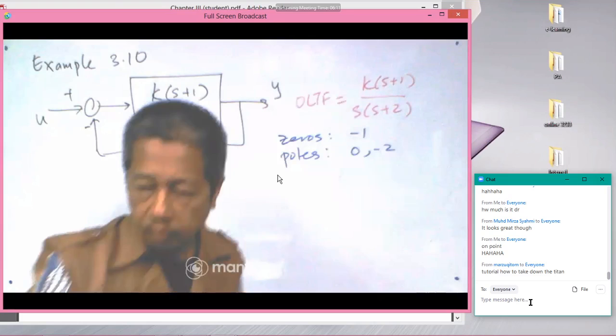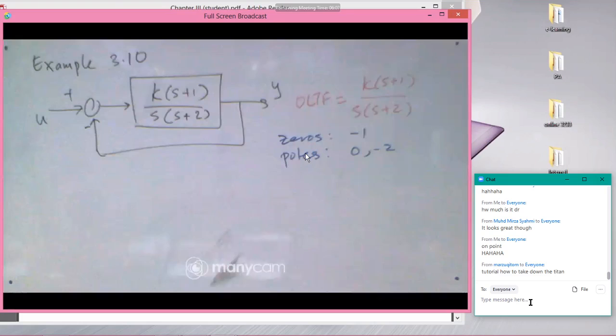From the open loop transfer function, we can see that we have one zero at -1, and then we have two poles, one at 0 and one at -2. So the zeros are the values of s that will make the numerator equal 0. Poles are the values of s that will make the denominator equal 0. So we want to show that the locus starts at the poles and ends at zeros.